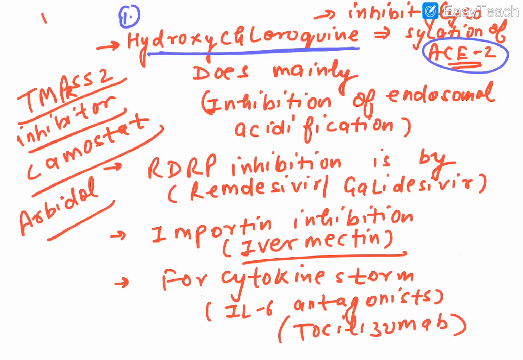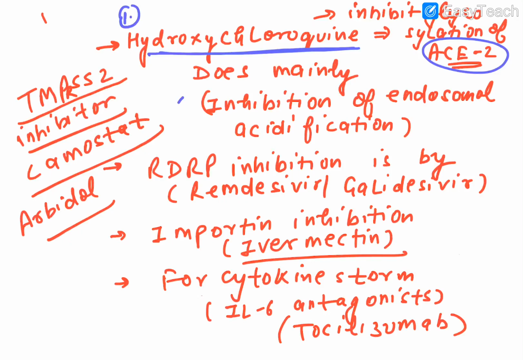Fine, but guys, remember this is a controversial role. The studies are showing that it does not prevent entry. But yes, as per the theoretical data, it inhibits the glycosylation of ACE2 and the proteolysis of the S protein, the spike protein, which is there in the structure of that particular coronavirus.